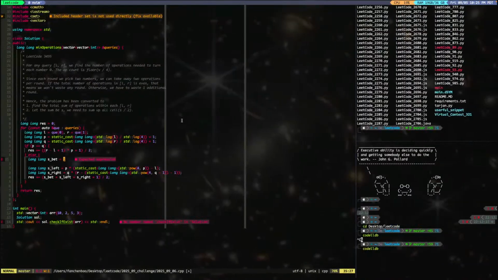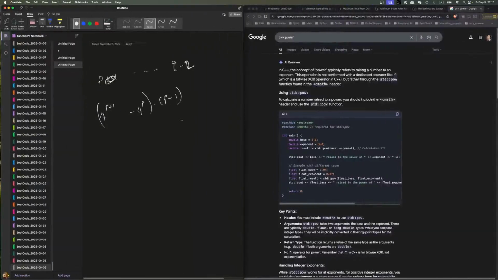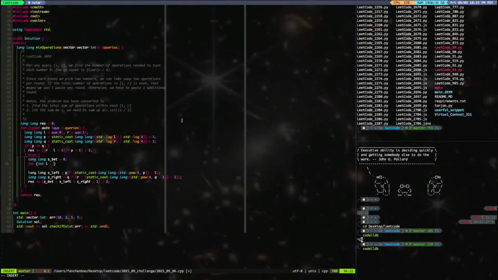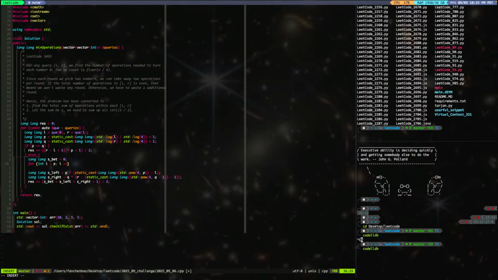Right? So essentially here, for int i equal to p, i smaller equal to q minus 2, i plus plus.